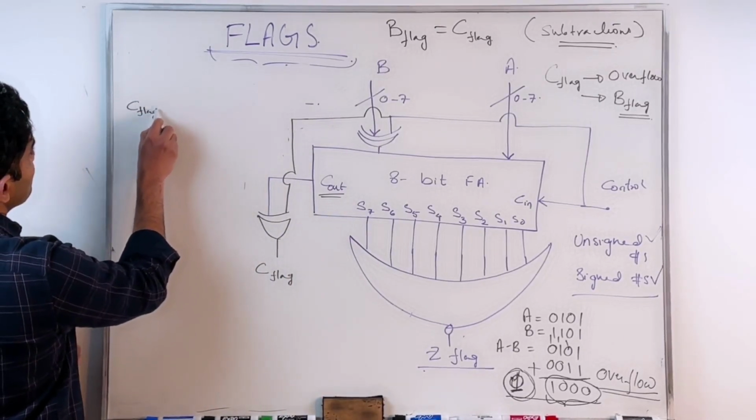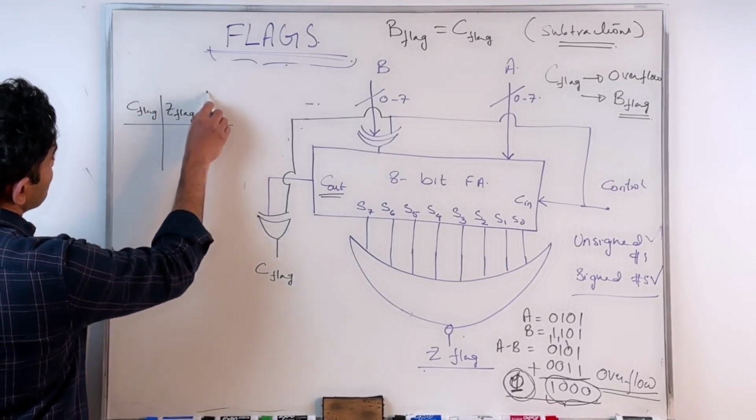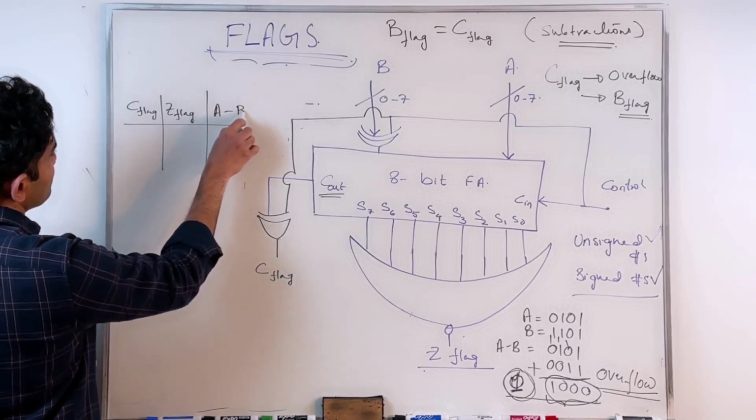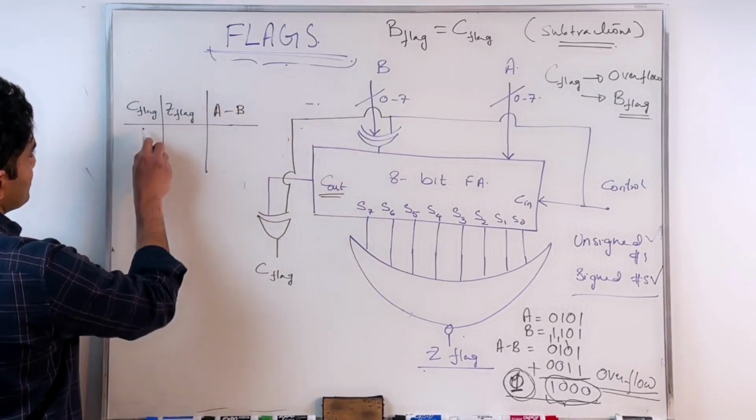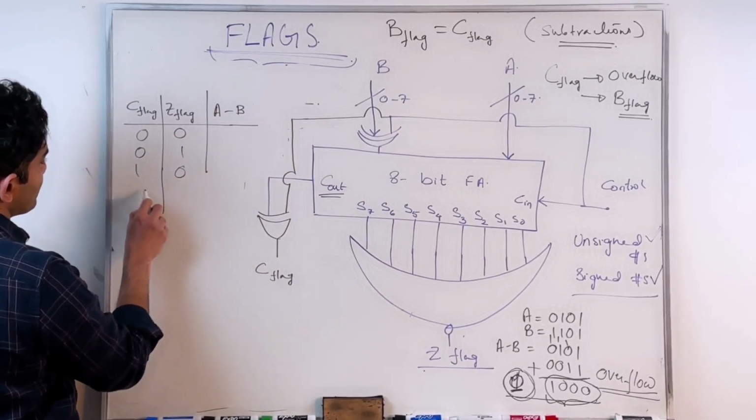C flag, Z flag, A minus B. Okay. Let's look at all possible combinations between these two flags.